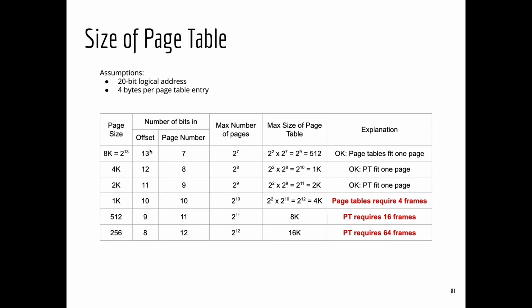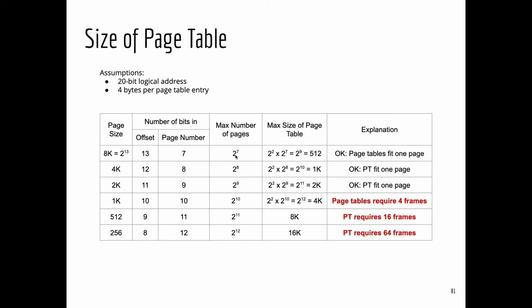So the total has to be 20. With a 7-bit page number, we can have at most 2 to the power of 7 pages.